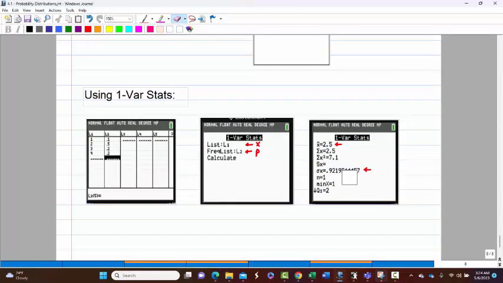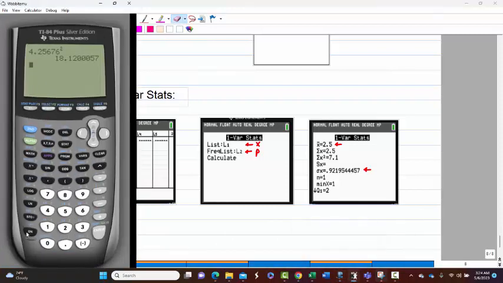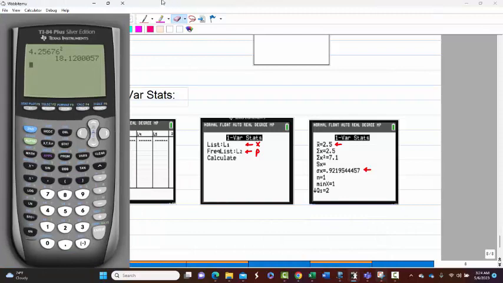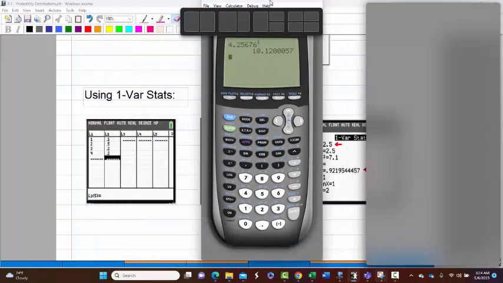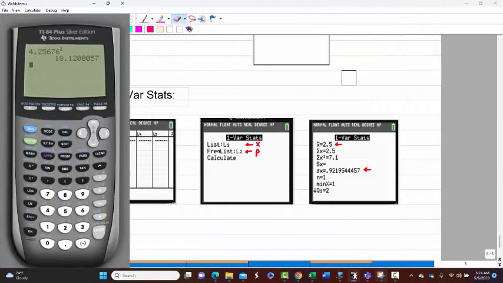Okay, here's one var stats. I'll put this one in here. All right. I want to be able to see everything. One var stats. L1. Oh wait, I'm sorry. Got to enter the data first.